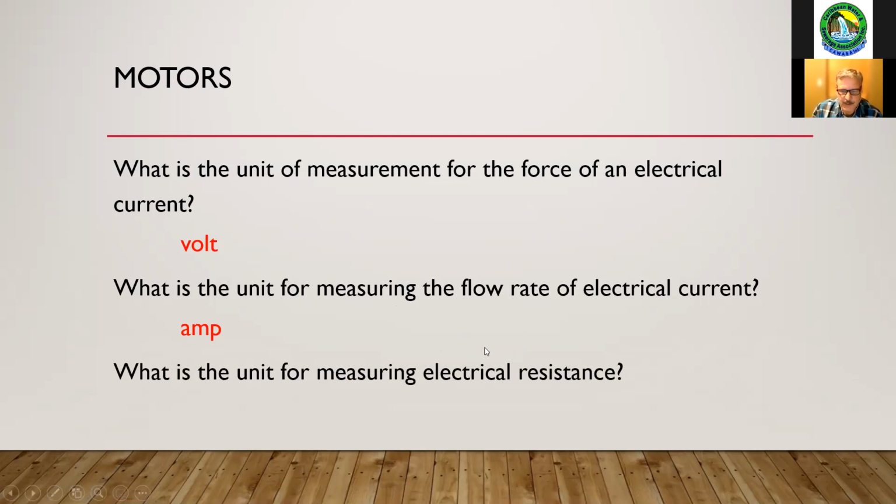What's the unit for measuring electrical resistance? That's correct, ohms. Those 3, make sure you really understand those in preparation for your exam too. You don't have to be an electrician, but there'll probably be something similar to that on your exams.